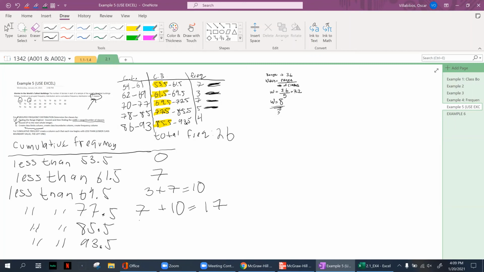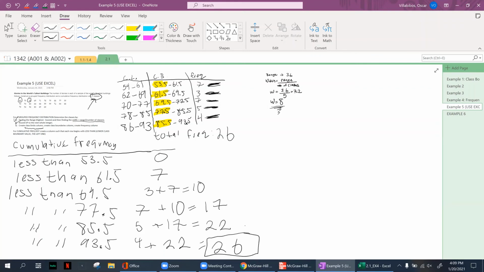I'm going to do 5 plus the previous value, which was 17. This is going to be 22. And everything less than 93.5 is going to be 4 plus everything before it: 26.